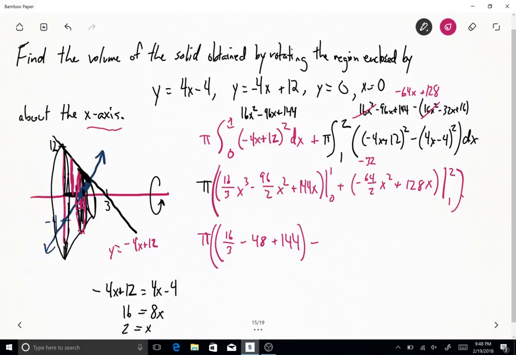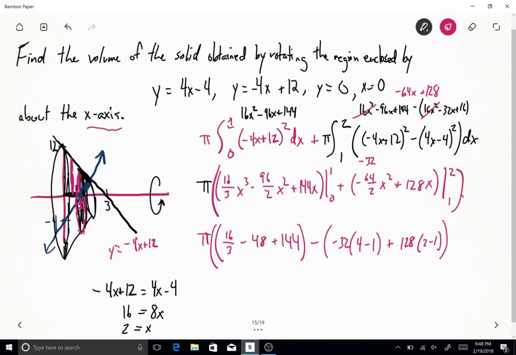So negative 32x squared. Ooh, that's going to be a little bit more fun. So we have negative 32, and then we'll have 2 squared, which is 4, minus 1 squared, which is 1, and then plus 128 times 2 minus 1. Okay.